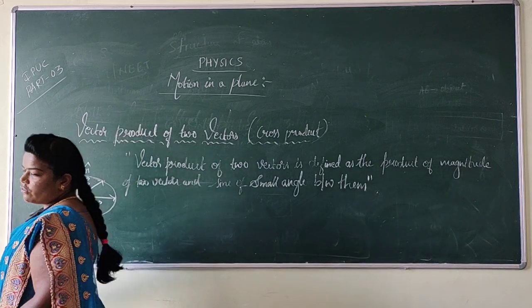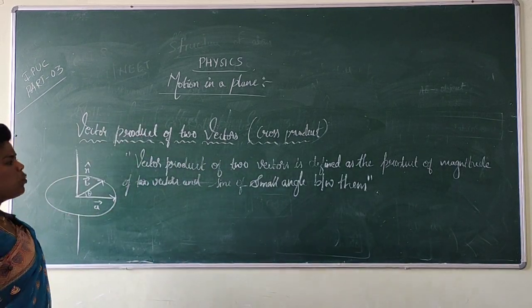This is the definition of the vector product of two vectors.